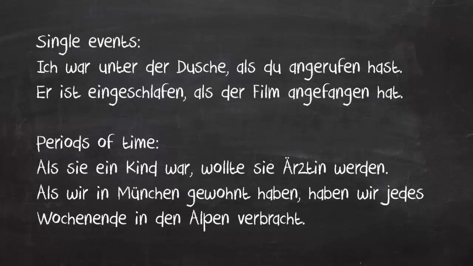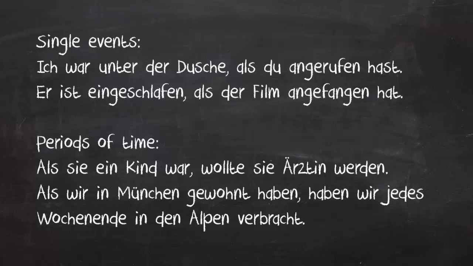When we lived in Munich, we spent every weekend in the Alps. That's a long sentence, so I'll repeat it. Als wir in München gewohnt haben, haben wir jedes Wochenende in den Alpen verbracht. You see that all the examples here happen in the past, and that's why you use als for when.